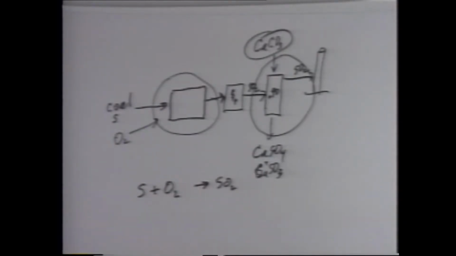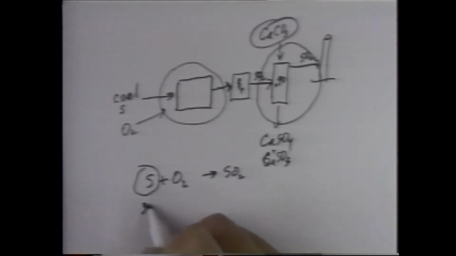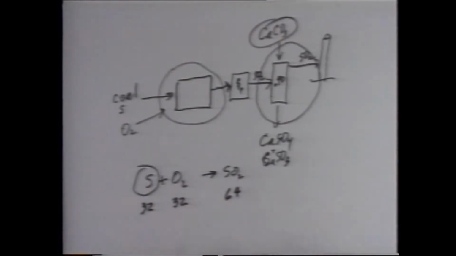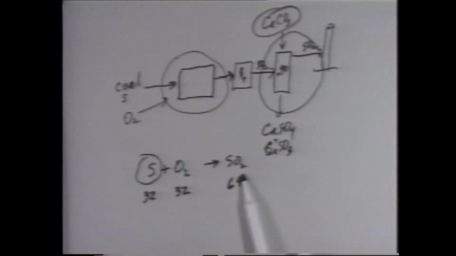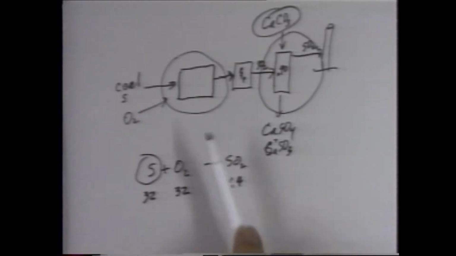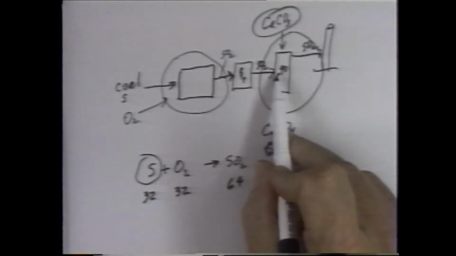So the first step, it occurs to me, is we need to know how much sulfur we're bringing in that will be burned to SO2, because we know the ratio here, molecular weights of sulfur and oxygen and SO2. The SO2 that's formed is exactly twice as much as the sulfur that comes in. And the SO2 passes through the ESP, goes on to the scrubber.